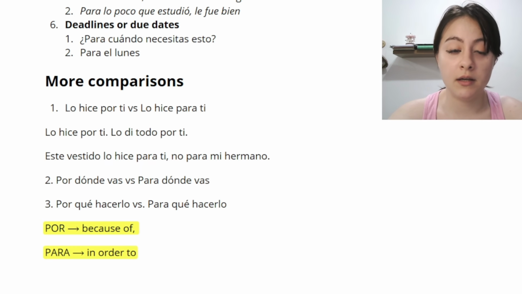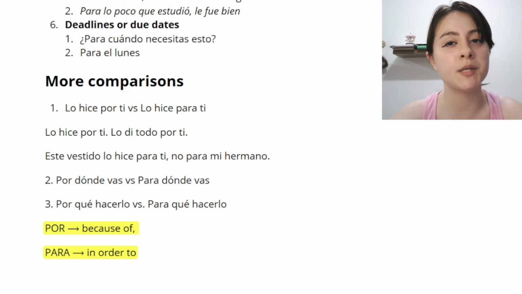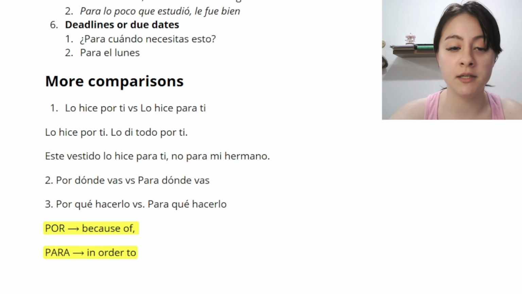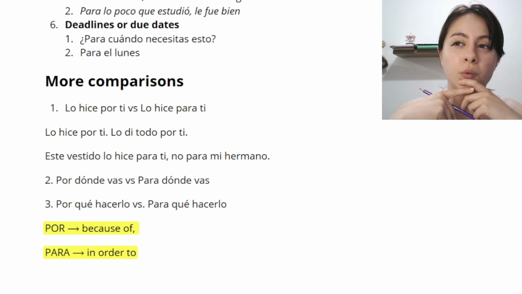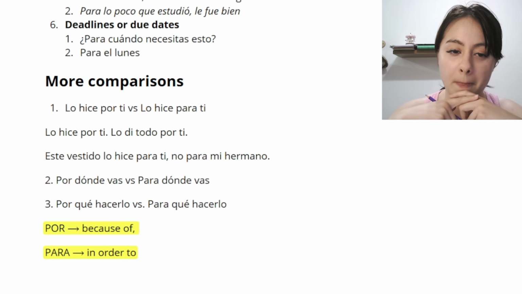The third example here, which I think kind of summarizes the whole difference between por and para when it comes to cause and effect, is ¿por qué hacer algo? ¿Por qué hacerlo? Why do it? Versus ¿para qué hacerlo? Which would be like, what to do it for.